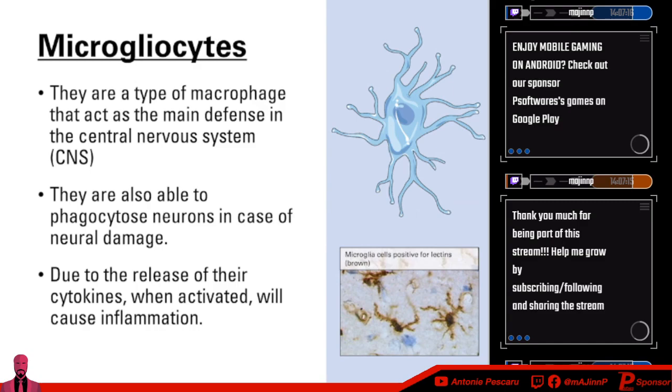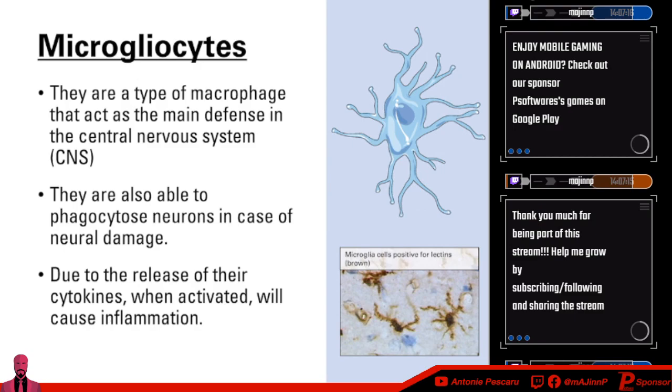Microglia, even though they're support, even though they're like the immune cells, as in the defenders of the central nervous system, they basically act as support as well, because you really want to defend your neurons.